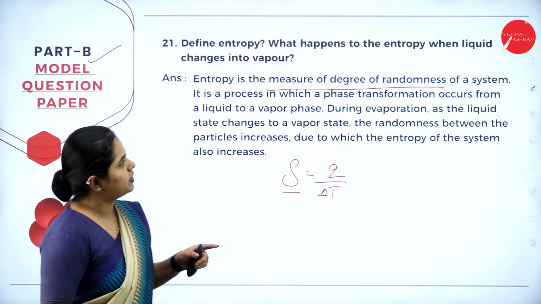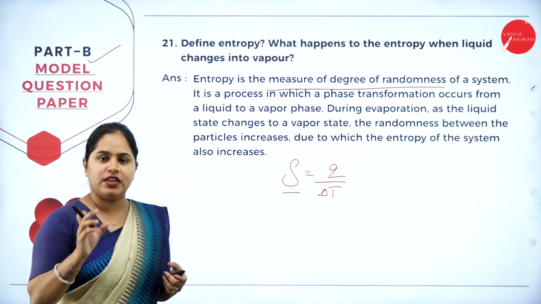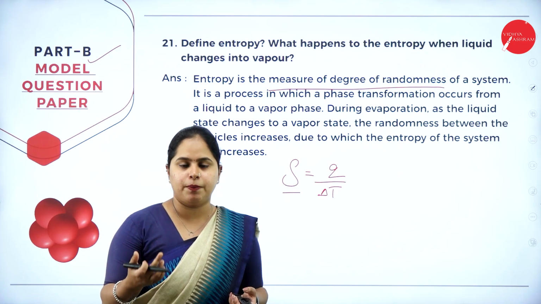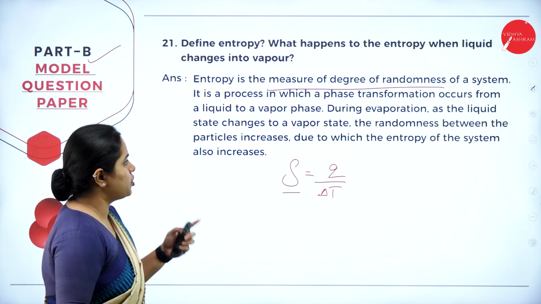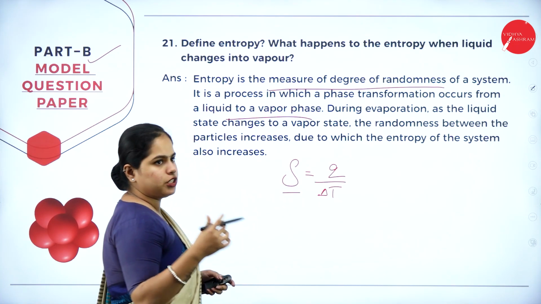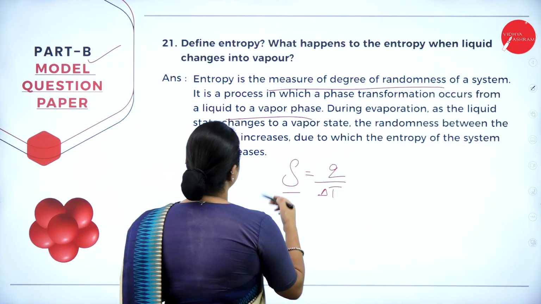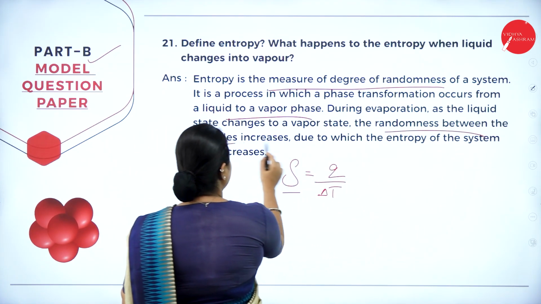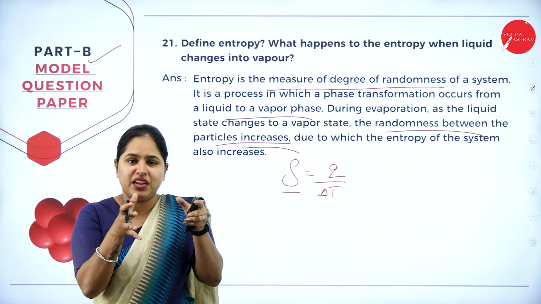Now, what happens to the entropy when liquid changes into vapor phase? When a substance changes from its liquid state to vapor state, there is a phase transformation during evaporation. During evaporation, as the liquid state changes to vapor phase, the randomness between the particles increases. In solids the particles are tightly packed.